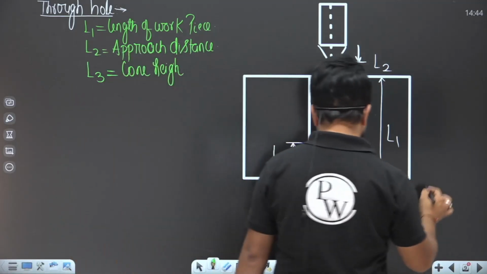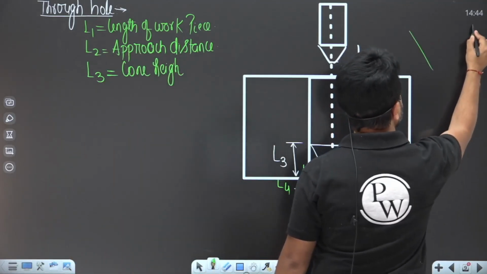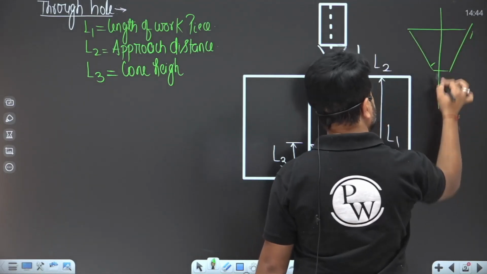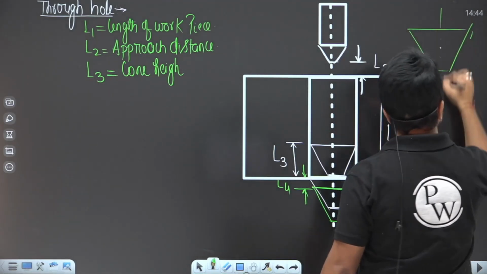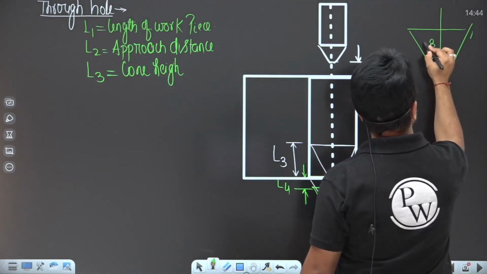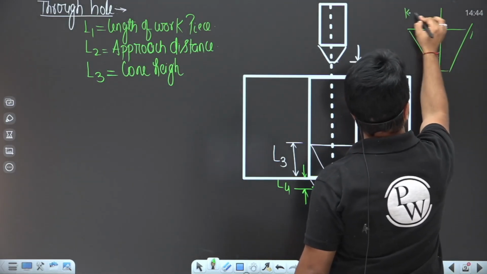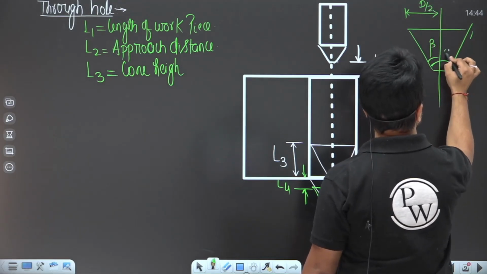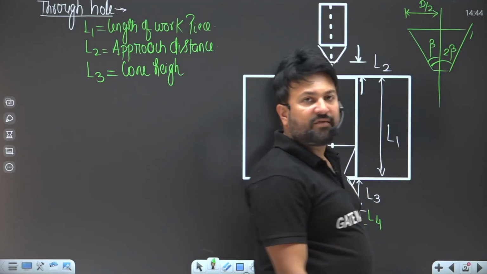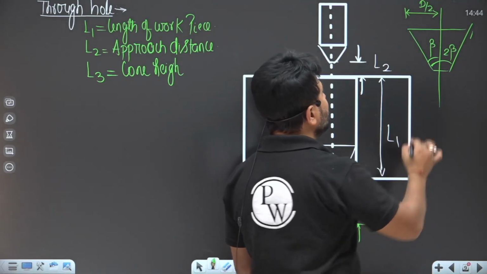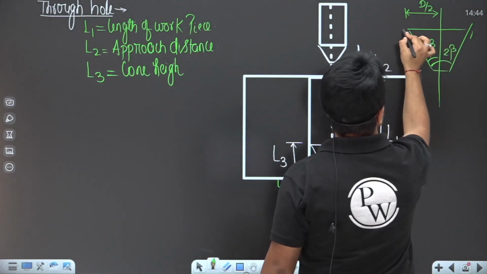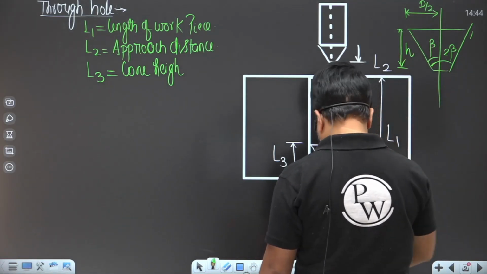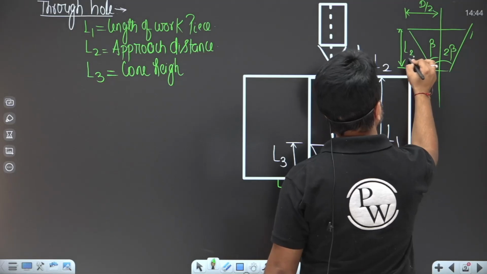My dear, it is very simple, see here, this is beta, and this is D by 2, because the whole angle is 2 beta. It is symmetrical, so half of the angle is beta. Now we have to find out the cone height, that is L3.